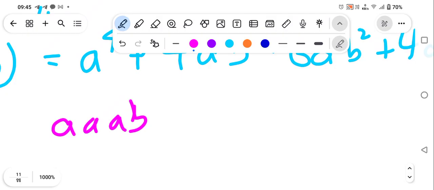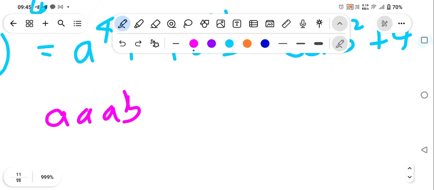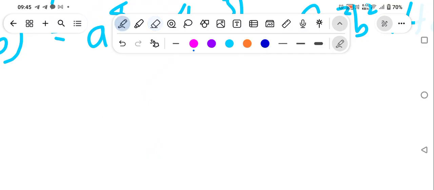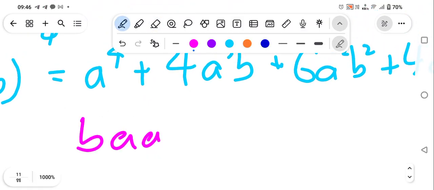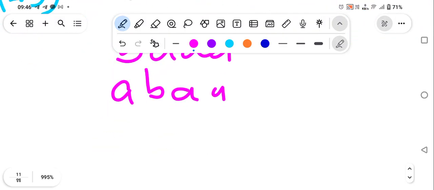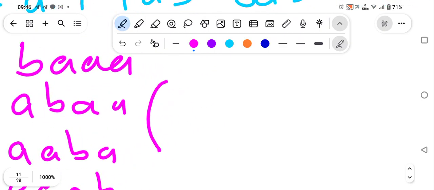The b can only be in position 1, 2, 3, or 4. So we have b a a a, then a b a a, a a b a, and finally a a a b. So this is 4.